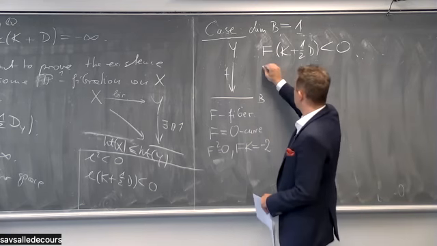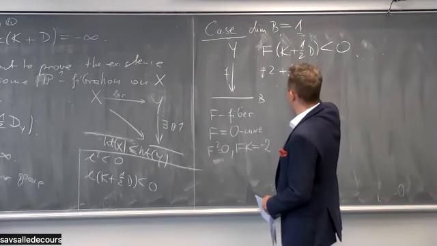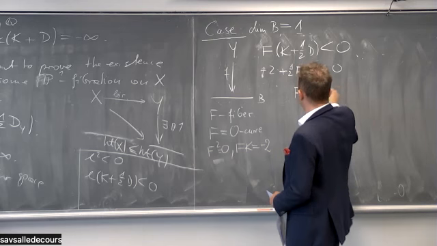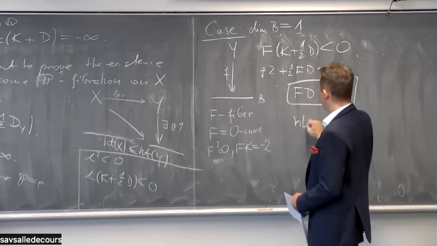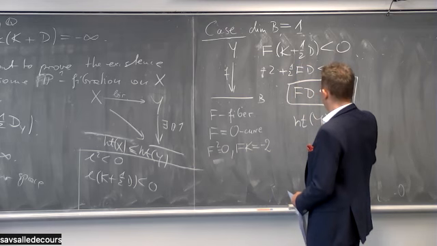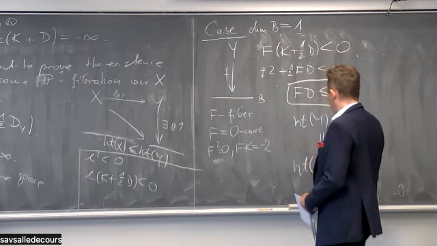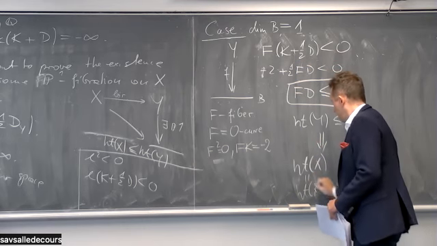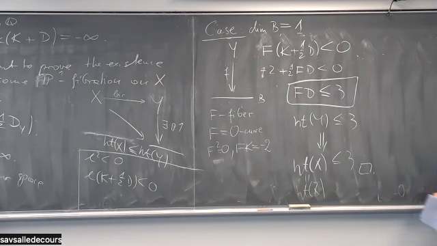Now you know that -2 plus half of F times D is smaller than 0. So F times D is at most 3. So the height of Y is at most 3. So the height of X, which is by definition the height of X bar, is at most 3. Okay?